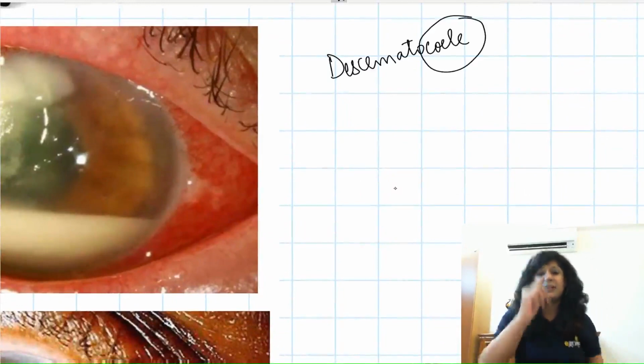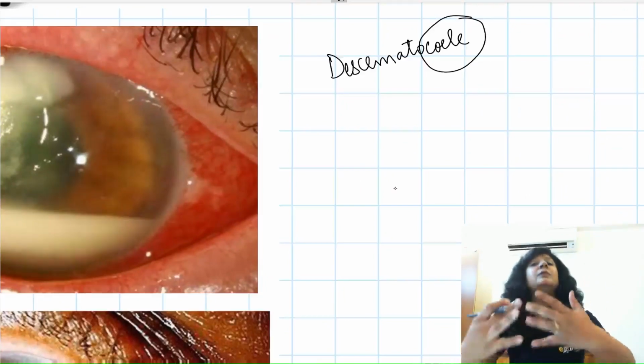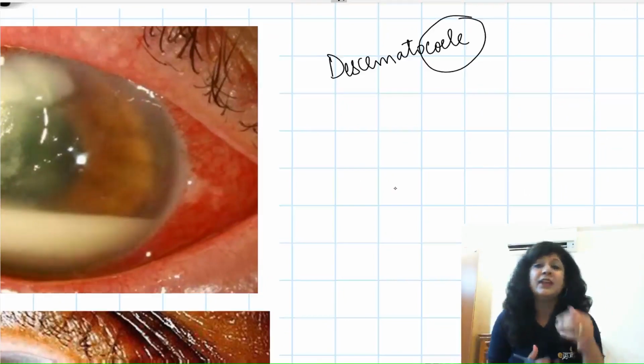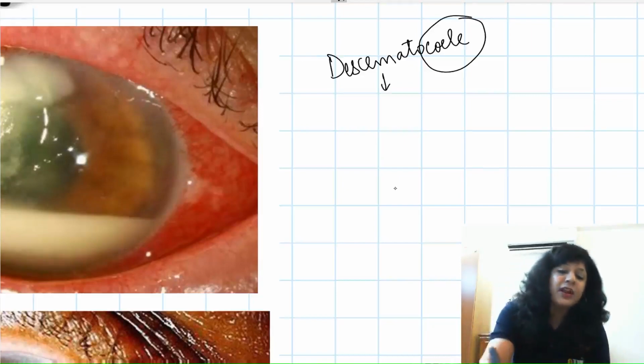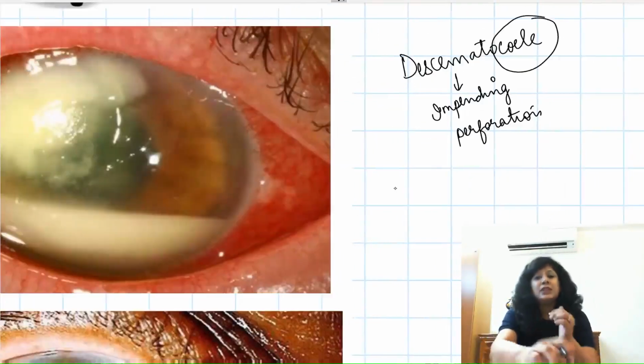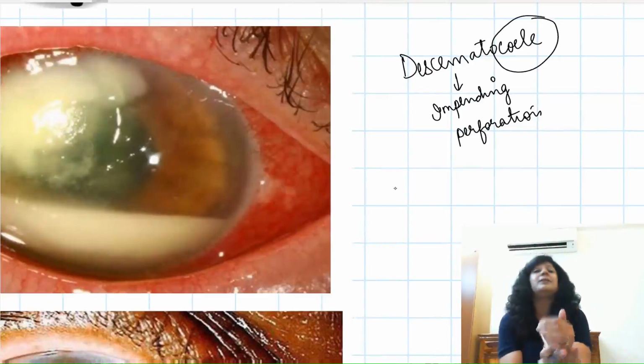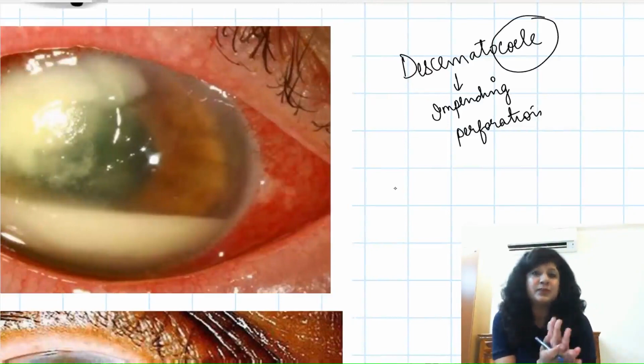Cele means a cavity. Here the Descemet's membrane can herniate and it stops the microorganism from going inside. That stage is called impending perforation. Impending perforation means that anytime it can go into perforation, but it is not allowed by the Descemet's membrane.